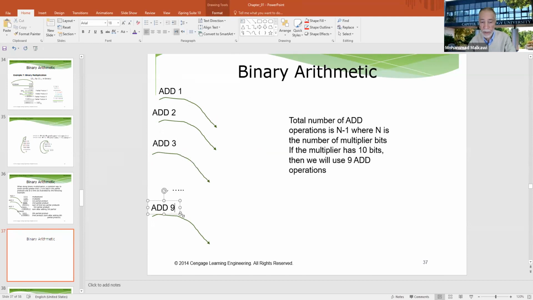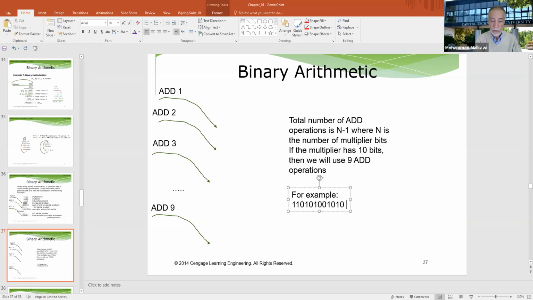Now, another trick which we use in digital logic design: if I have 2 numbers, for example, if I am multiplying 1101010 times 10110, I choose to have the shorter as my multiplier.